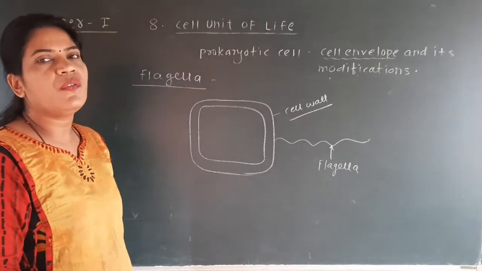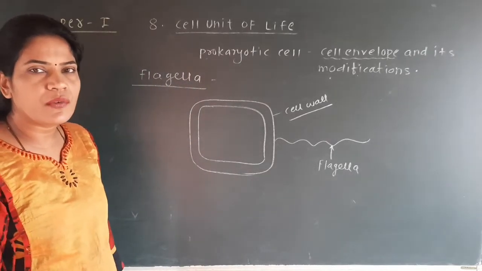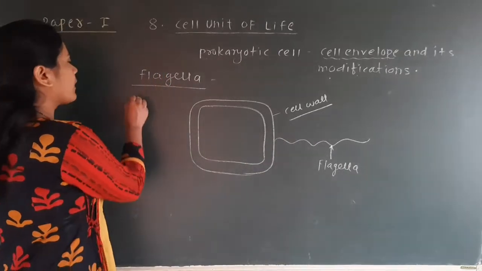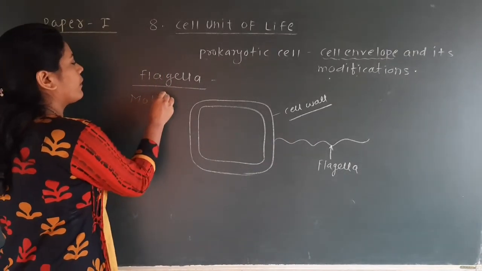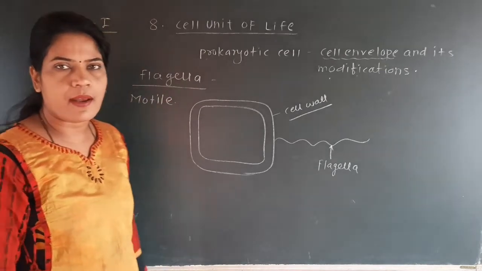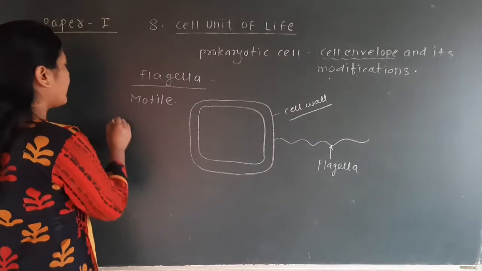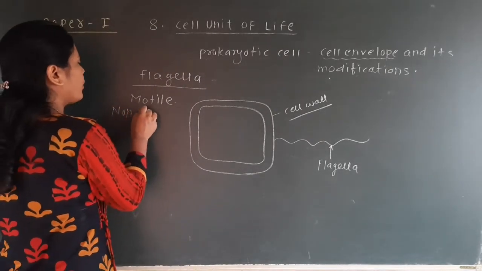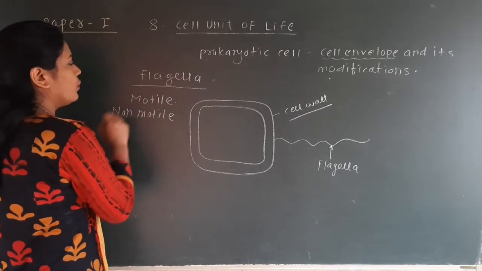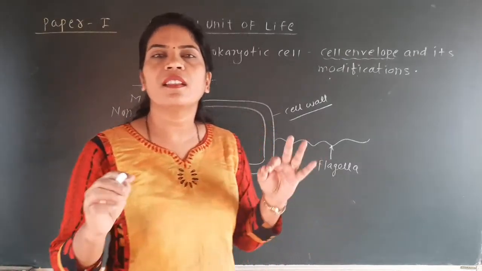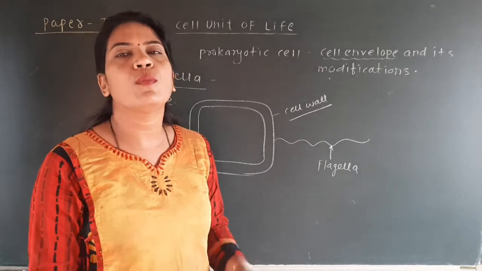But this flagella has an important function: if the bacteria has flagella, then those bacteria are called motile bacteria, and if bacteria do not have flagella, then those bacteria are called non-motile bacteria. So the important thing is that this flagella is responsible for locomotion of the bacteria.